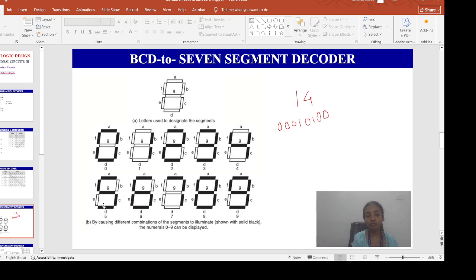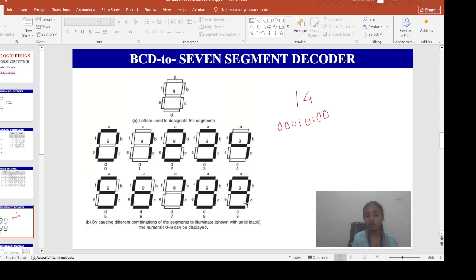If I want to display 5, means A, F, G, C, D should be glowing. If I want to display 6, means A, F, G, E, D, C should be glowing. If I want to display 7, means A, B, C should be glowing. If I want to display 8, all should be glowing, starting from A, B, C, D, E, F, G, right?